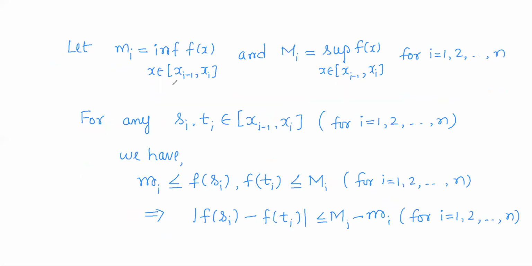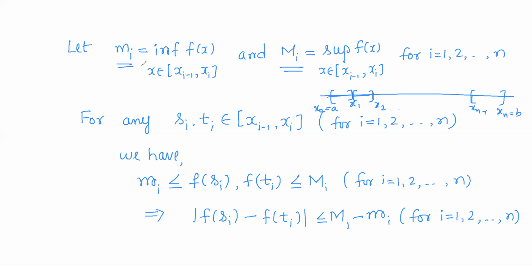So this is actually the situation. This is a, which is x0, and xn is nothing but b. In between there are points x1, x2, and so on, x_{n-1}. So the closed interval [a, b] is divided into subintervals. Now for each closed interval define the infimum and supremum.